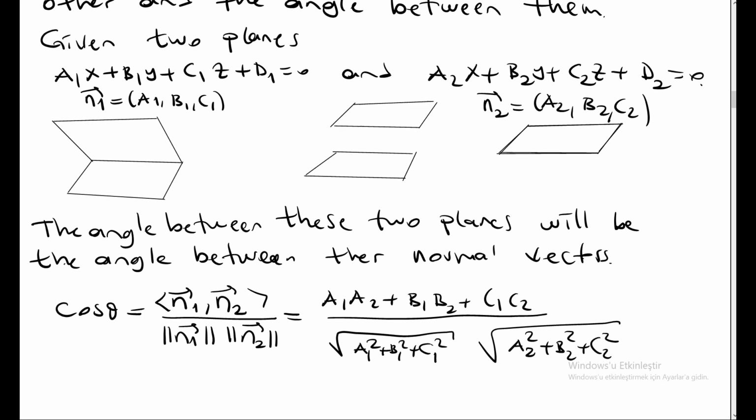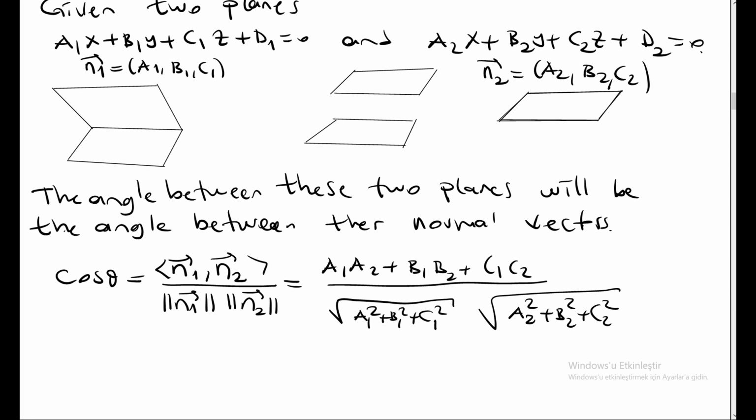Because we found the angle, now if they are orthogonal to each other, it means the angle will be pi over 2 or 3 times pi over 2, right, like this one. And if they are parallel, it means their normal vectors are parallel to each other. So let's say this one is P1, this one P2.